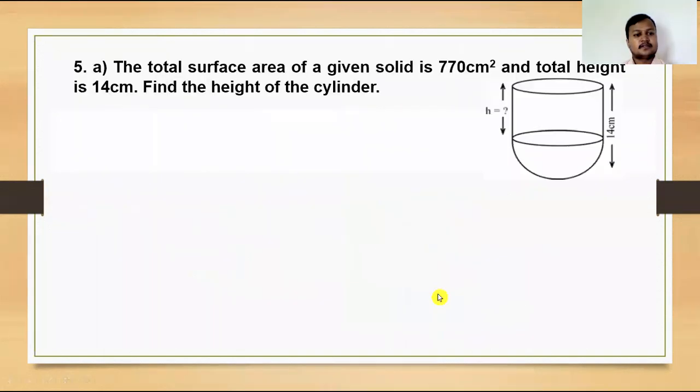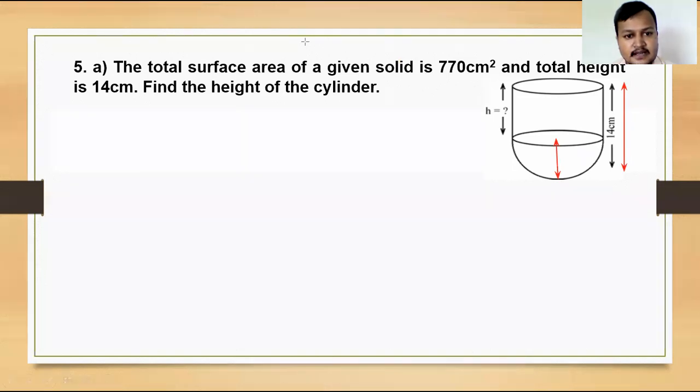Get the next question, question number 5A. The total surface area of the given solid is 770 square centimeter and total height is 14 centimeter. Find the height of the cylinder. There is total height 14 centimeter and the radius is not given to us, but total surface area is given, and you know its total surface area.